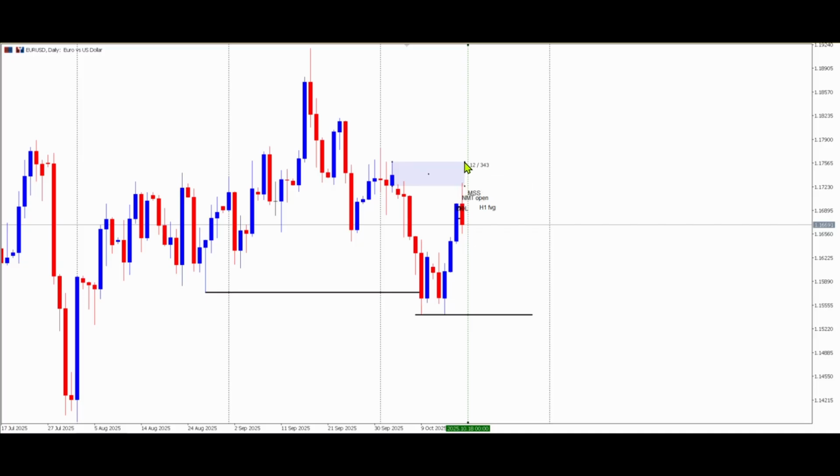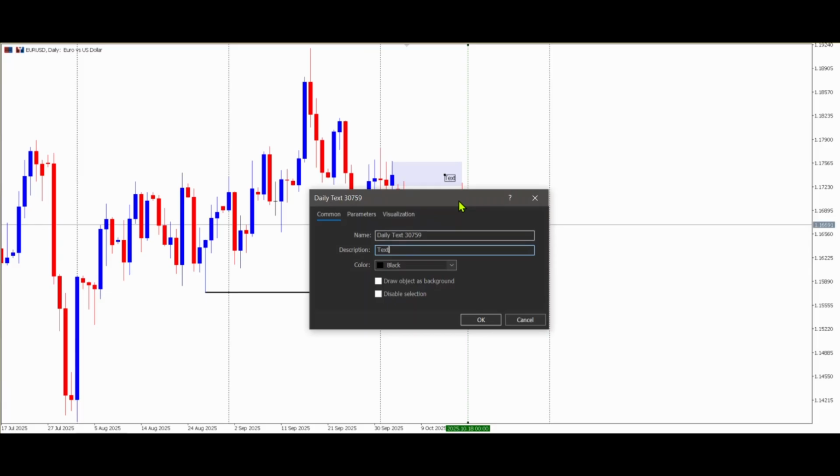So this is the daily order block that we reached right there. Daily bearish order block right here.